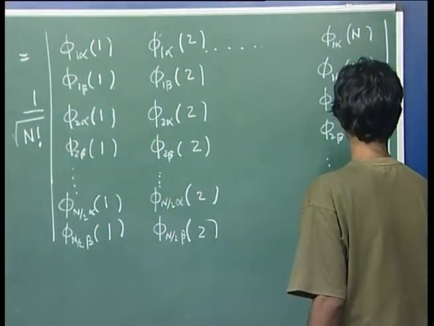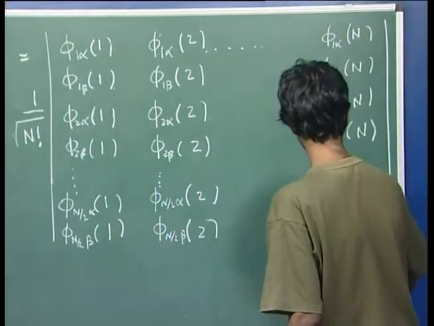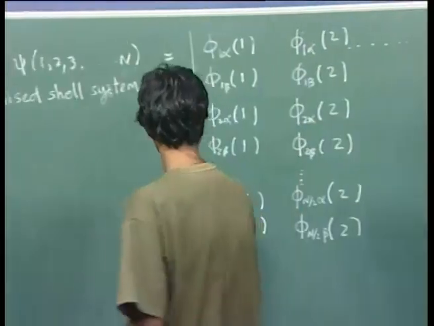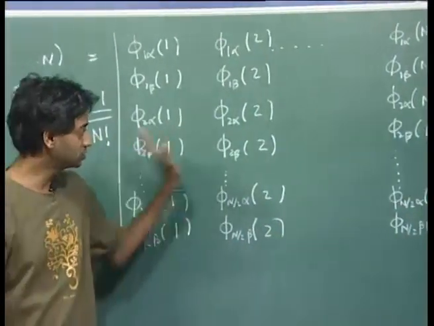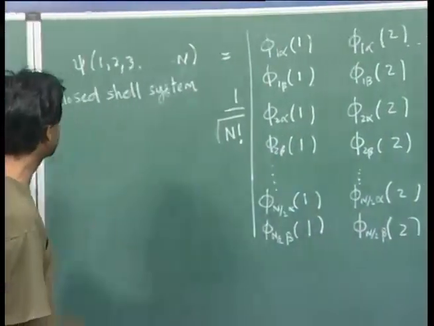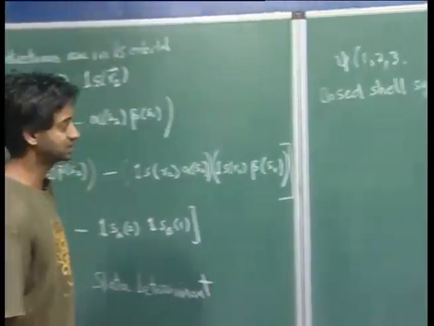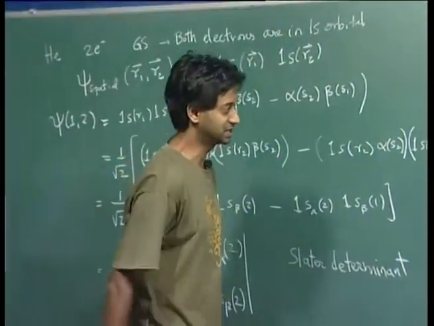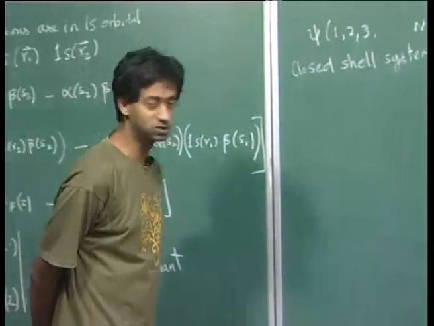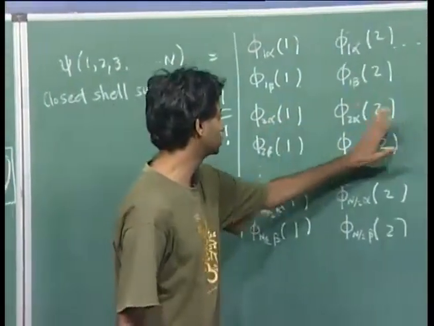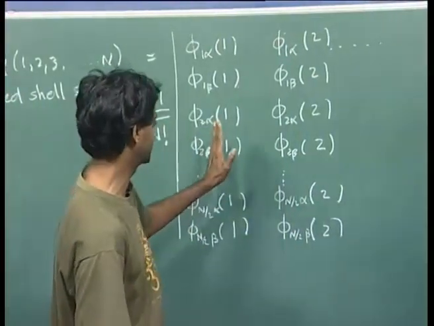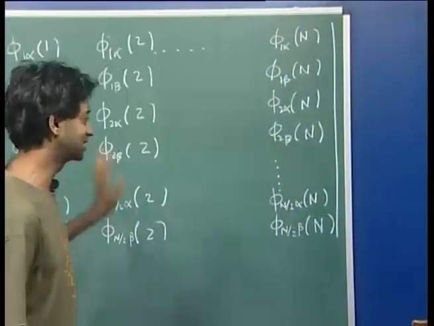So, there are n electrons in n by 2 orbitals. Okay. So, there are n electrons and the total number of orbitals is n by 2, and so you follow this prescription and you can write the wave function, and this is antisymmetric to interchange of any two electrons. So, I can switch 1 and 2, and it will be antisymmetric. I can switch 1 and n, again the determinant will change sign.